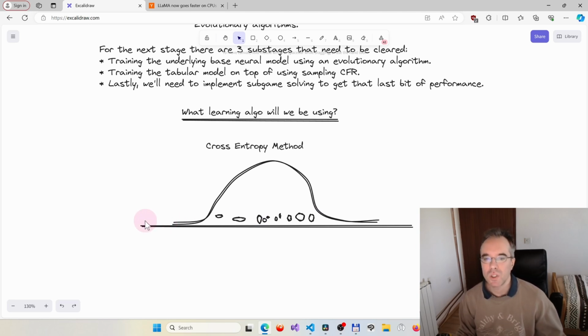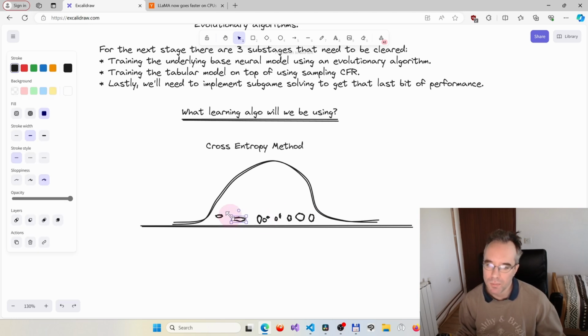Imagine you have a bunch of one-dimensional points on a line, like this for example. These circles are supposed to be points. Yeah, perfectly drawn points, as you can see.